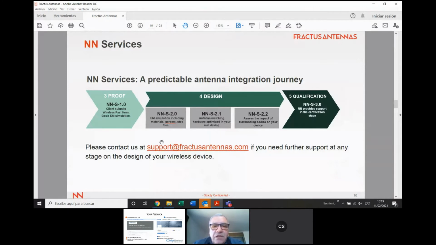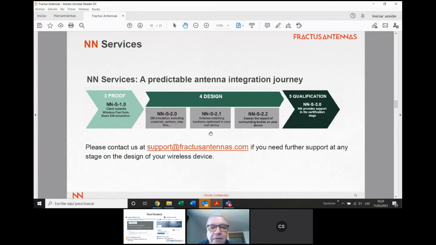So if you are satisfied with the simulations that you get in your device and you make prototypes, you can send these prototypes to us, and we are going to measure in our lab to maximize the antenna performance, and we are going to give you the bill of materials in real measurement values.